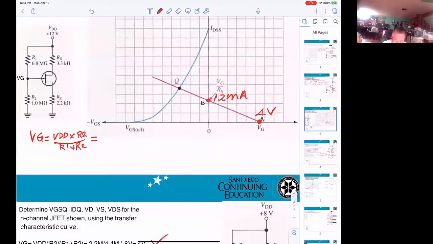Go to the right, you get ID. Going down, you get VGS. After you get the ID and the VGS, the rest will be the same, like if you want to calculate the VD, VS, or VDS. That's how to work with the graphic for the voltage divider.